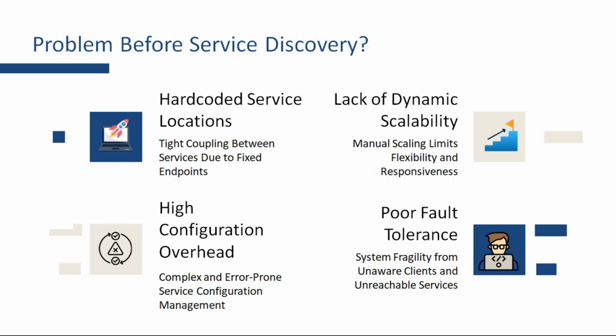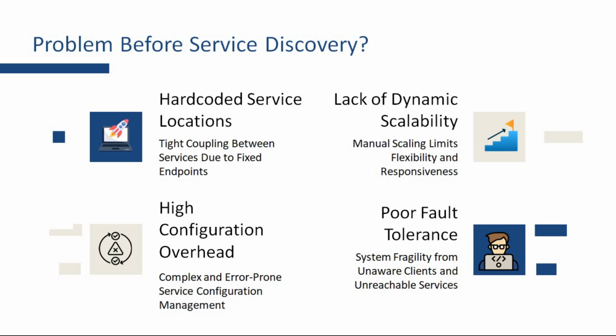For example, let's say your user service needs to call the order service. You might hardcode a URL like http://192.168.1.100:8080/orders. This makes the system rigid and highly prone to failure if anything moves or changes.